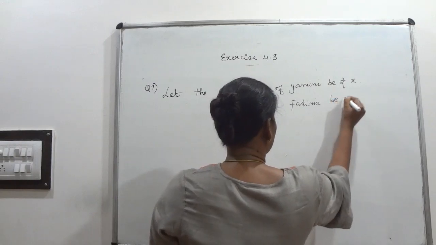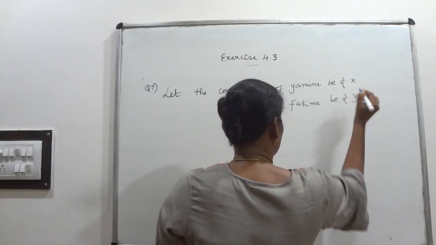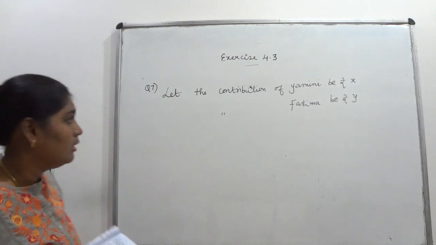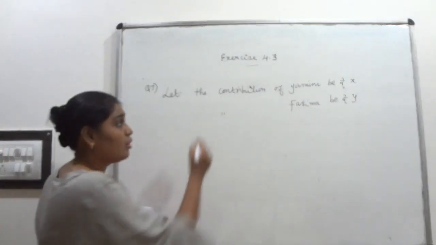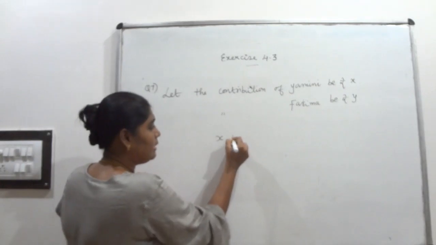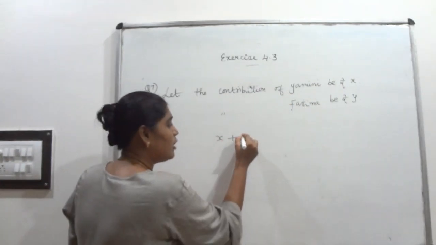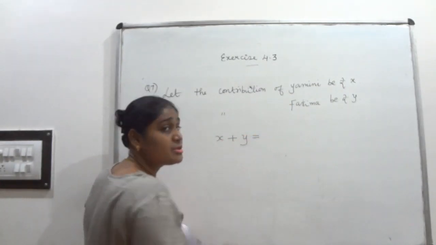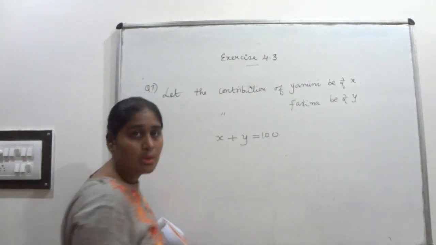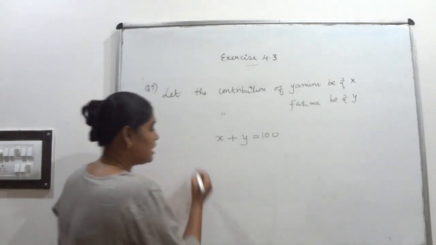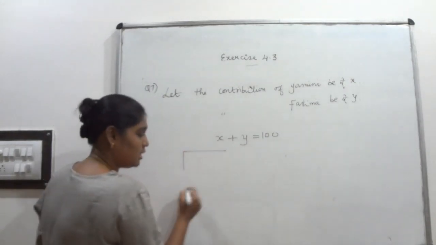So both contributions I have taken as x and y. They together contributed. Together means what you have to do? Add the contribution of Yamini plus the contribution of Fatima. All together how much money they contributed? ₹100. So x plus y is equal to 100. This is the required linear equation.